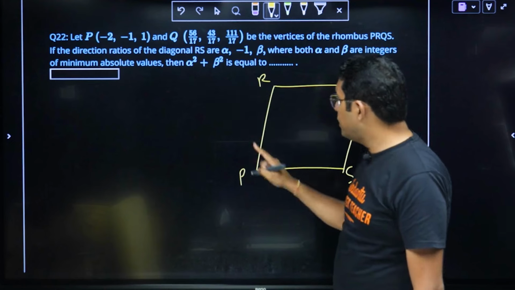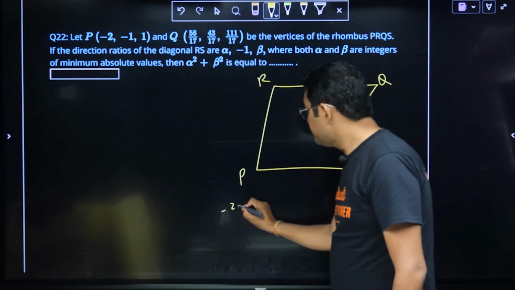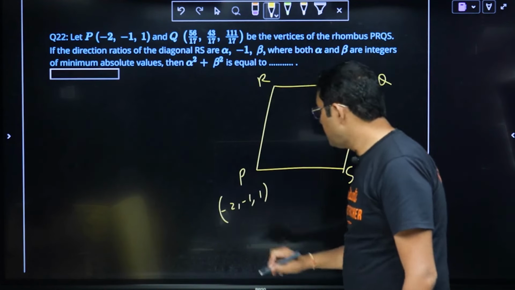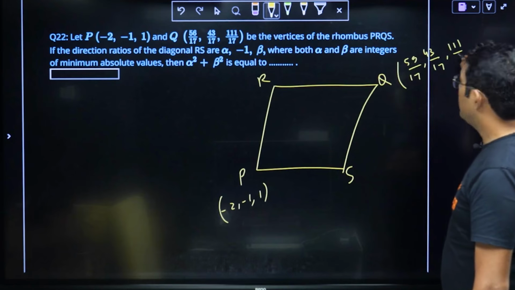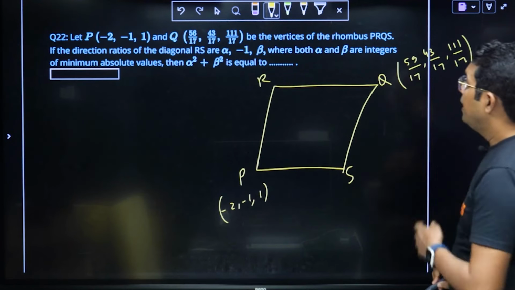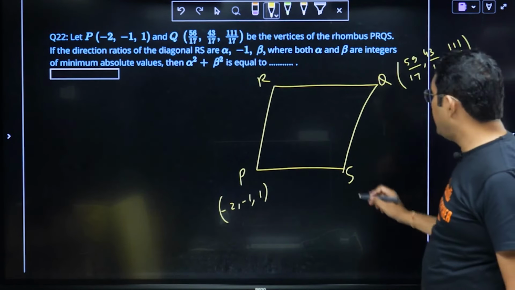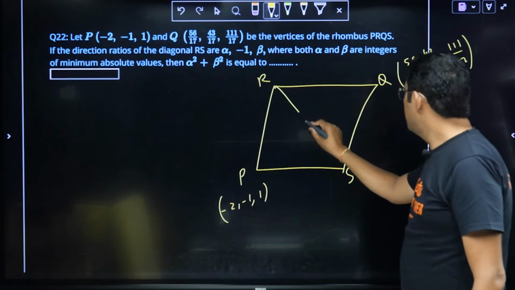P is (-2, -1, 1), and Q is (56/17, 43/17, 111/17), and the direction ratios of the diagonal RS are given to be alpha, -1, beta.